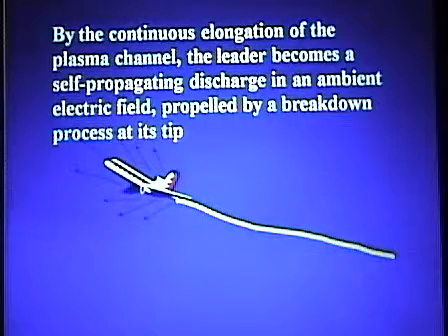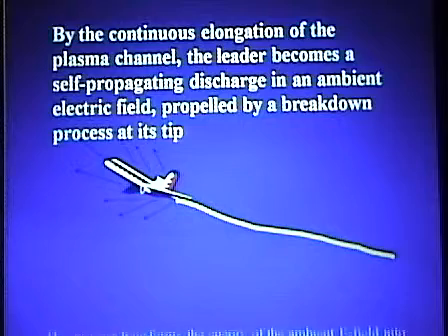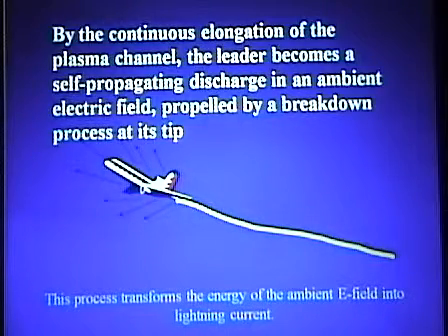And this is the most important process in formation of a leader and in lightning development. What this process actually does is transform the energy of ambient electric field in thunderstorms into the lightning current through this breakdown and formation of a leader.